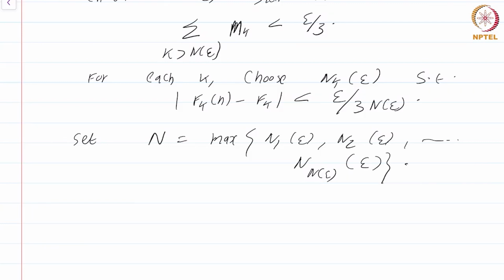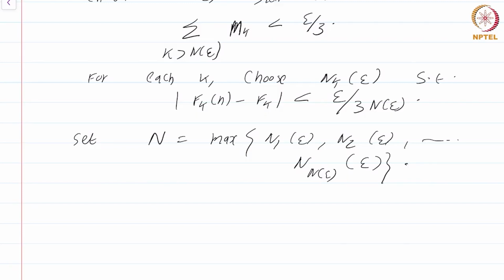Recall, this N epsilon was the point at which the tail of the series summation M_k can be made less than epsilon by 3. For each k, we can choose an n_k epsilon such that F_k,n and F_k are at most epsilon by 3 N epsilon close. Now you are choosing another n to be the maximum of the quantities.